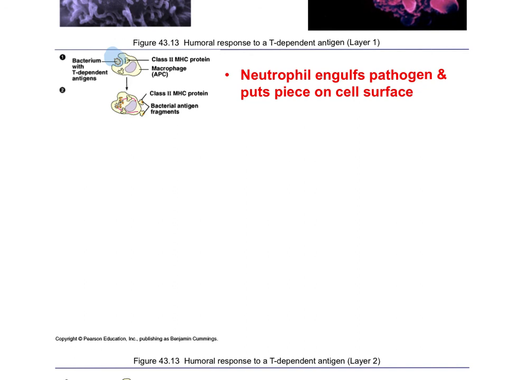They identify, hey, here's a shape. This shape does not belong. So the neutrophil engulfs that pathogen, degrades it, but puts a little piece on the outside to show another type of cell, hey, this is who we are looking for. So that's like step one-ish there.